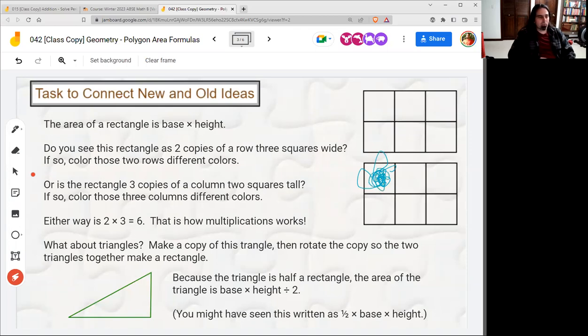Just mark 3 different columns for that one. Those are 3 individual squares. Can you do it so that you're coloring a column at a time all the way down?